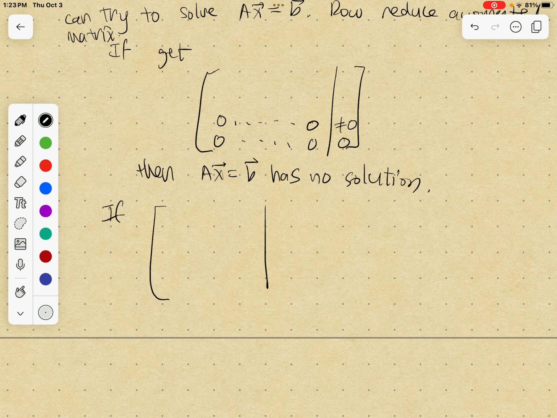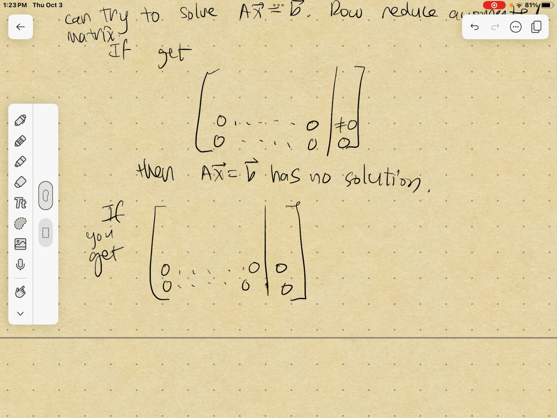In that case, if you get something where you have a pivot in every nonzero row, and maybe you have a bunch of all-zero rows, and you don't have the row of zeros with a nonzero entry, I should indicate that it's this part that tells you that you have no solution.